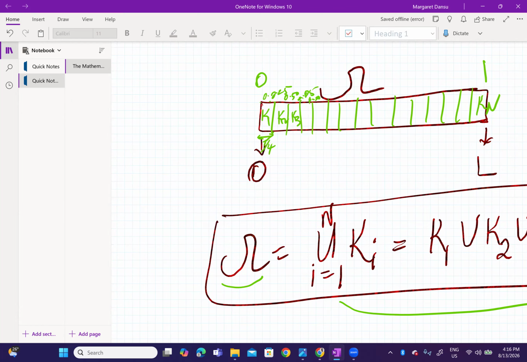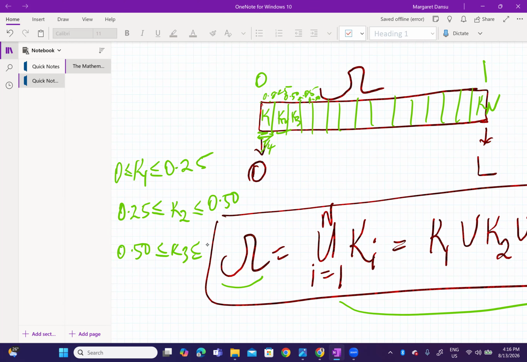That shows us that K1 is from 0 to 0.25, K2 is from 0.25 to 0.50, and K3 is from 0.50 to 0.75.